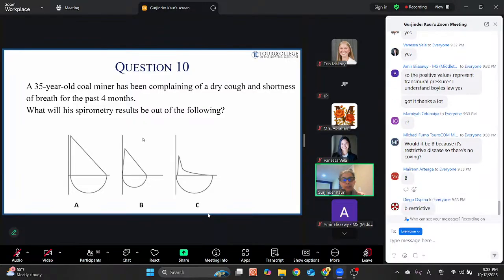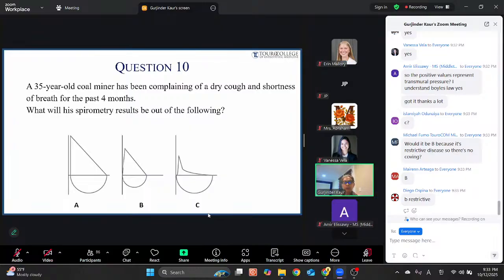As I explained, it's a dry cough, and the patient is only 35 years old. So for COPD to happen, you've got to have certain things in the stem. You've got to read the stem carefully. The cough is dry, whereas in COPD you would see phlegm or something like that. It's cigarette smoking for some time or some other things.